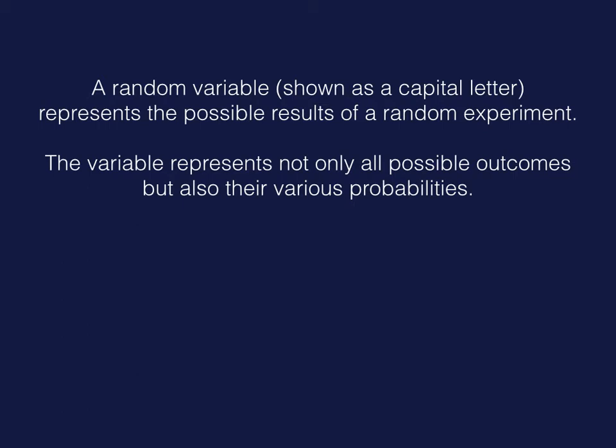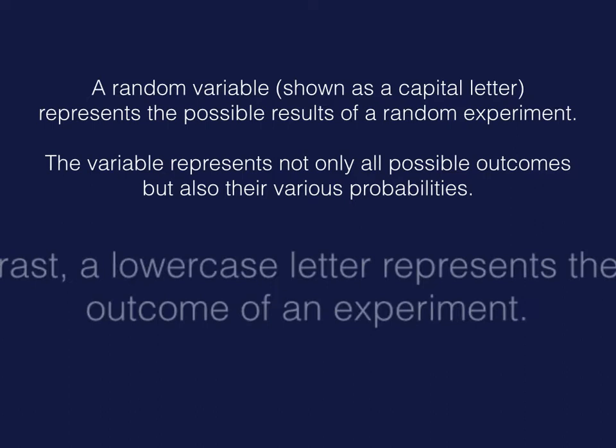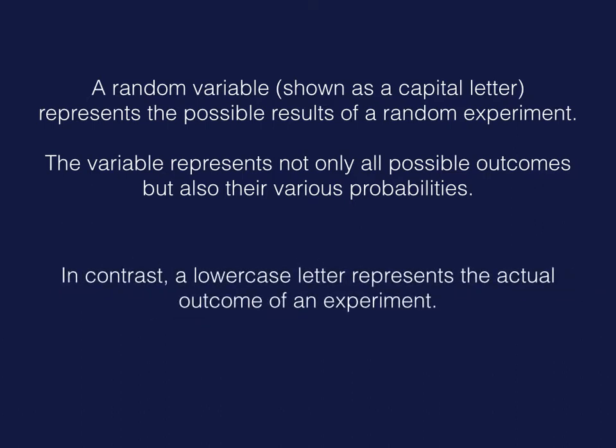It represents the whole thing, all possible outcomes. And to distinguish the individual outcomes, we use lowercase letters. So lowercase letters are single numbers, the individual outcomes of the experiment, but the capital letter represents the entire thing.